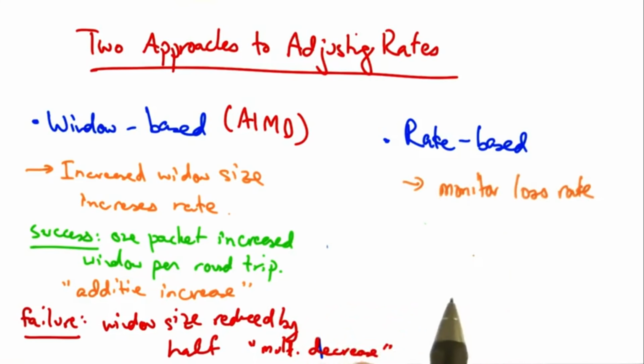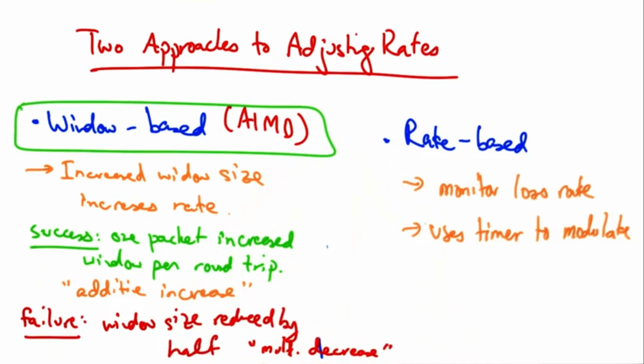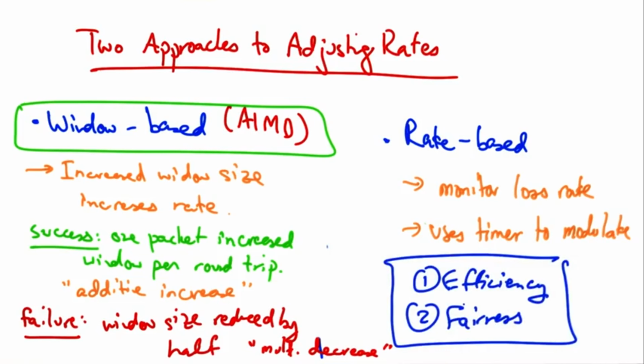In this case, the sender monitors the loss rate and uses a timer to modulate the transmission rate. Window-based congestion control, or AIMD, is the common way of performing congestion control in today's computer networks. In the next lesson, we will talk about the 2 goals of TCP congestion control further, efficiency and fairness, and explore how TCP achieves those goals.